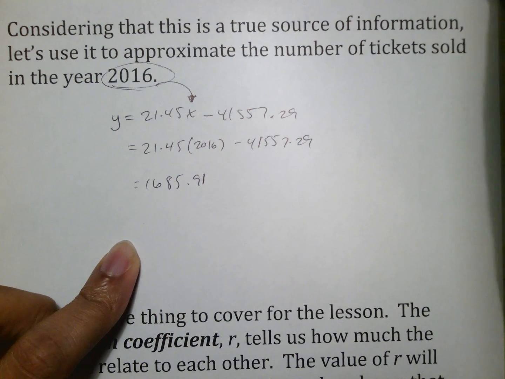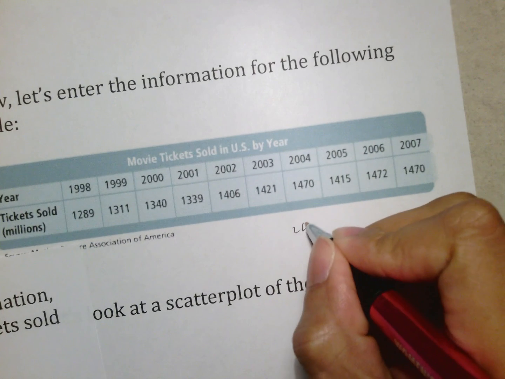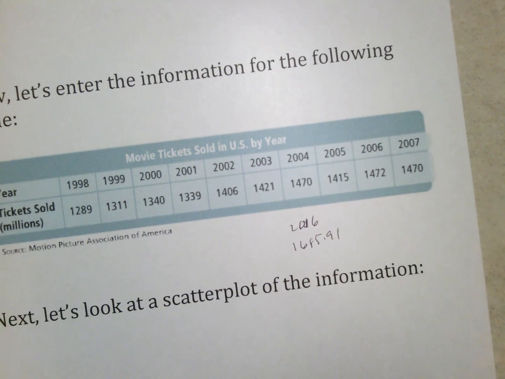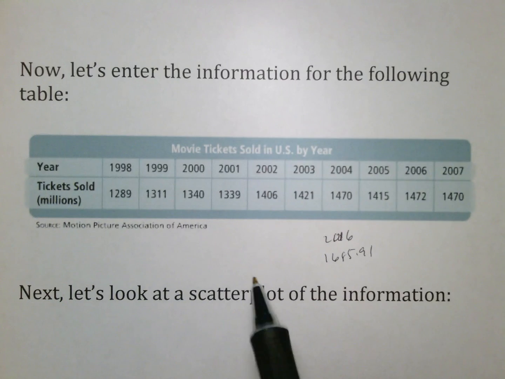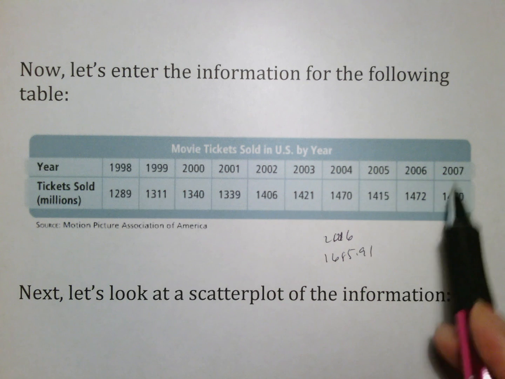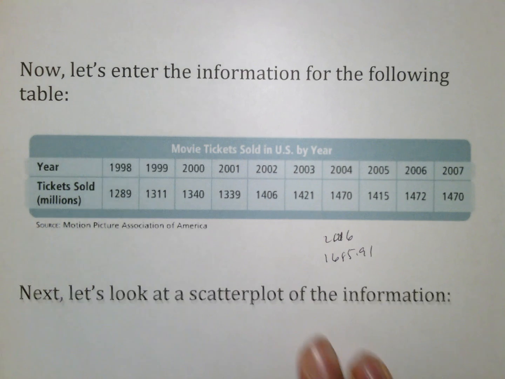And so looking at this table combined with the answer for 2016, it does make sense that it goes a little bit higher, because the numbers are going higher. You got 1200, 1300, 1400 in 2007, so it would be about 16 to 1700 by 2016, which does make sense.